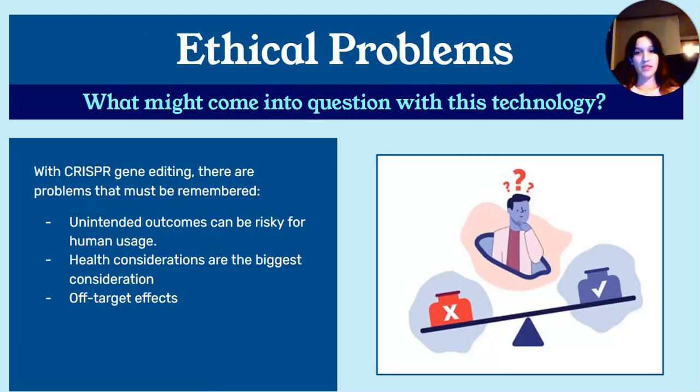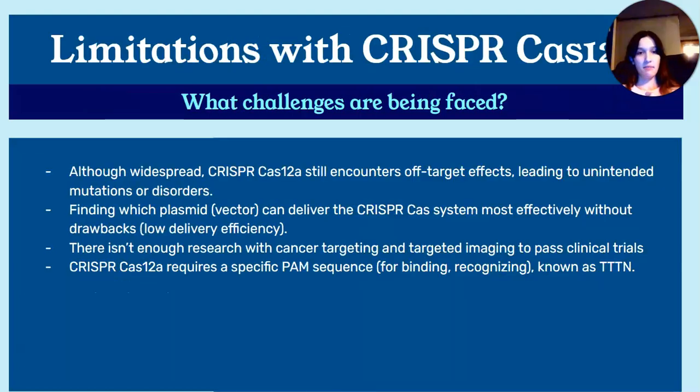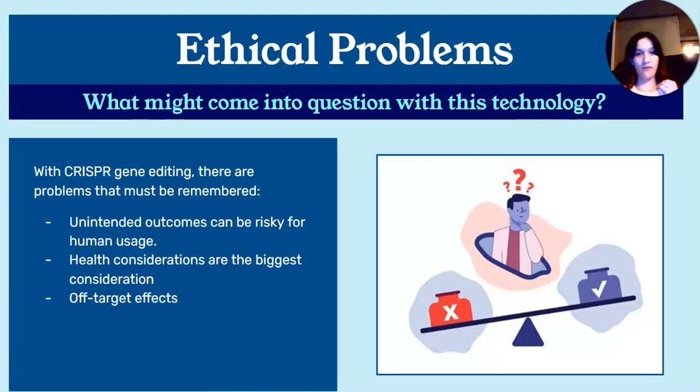With ethical problems, there are still things that come into question, especially with gene editing. The main problem is always considering the health of who is being treated. Unintended outcomes such as the off-target effects can be seen as risky for humans and can be risky for health.